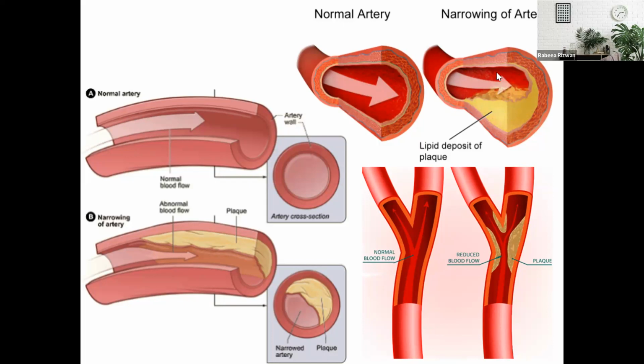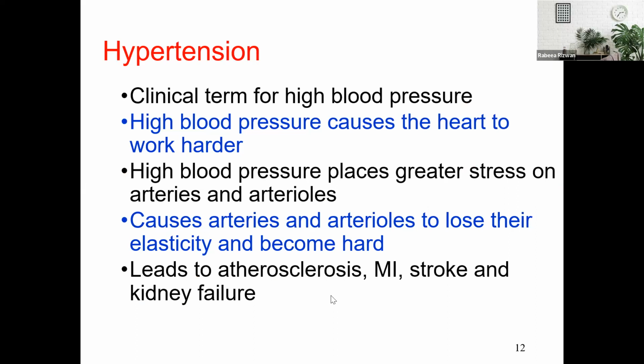When it is deposited along the walls, the normal lumen of the artery becomes narrower, narrowing day by day. In this way, normal blood flow is disrupted, and the normal blood supply to various organs is affected. It leads to various problems in the organs, like kidney failure, or in the heart or brain, like stroke.